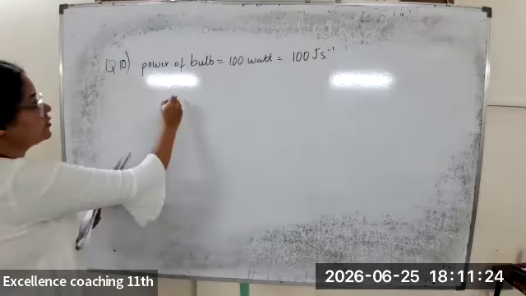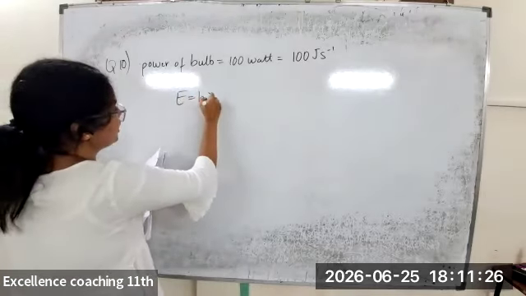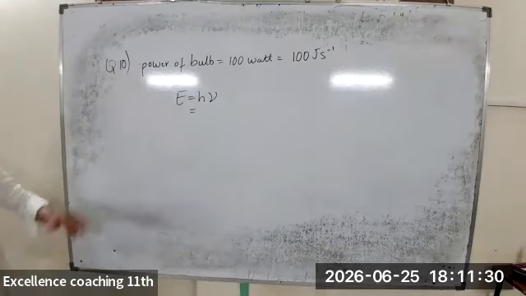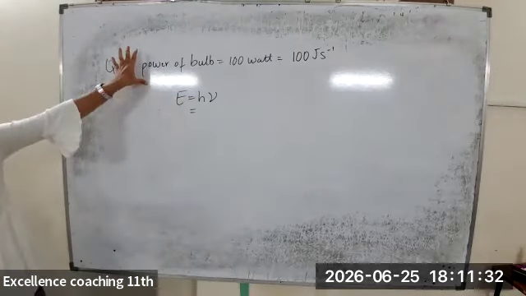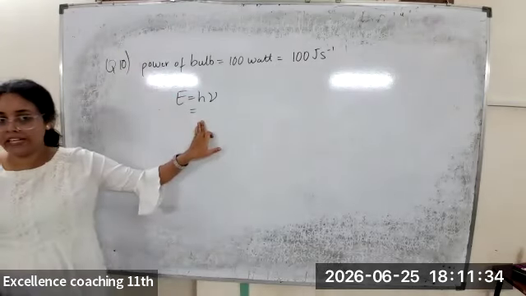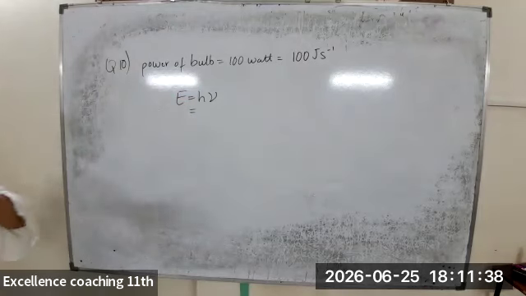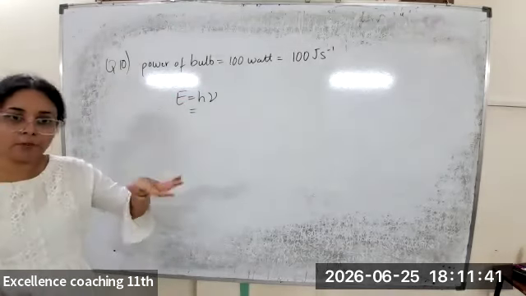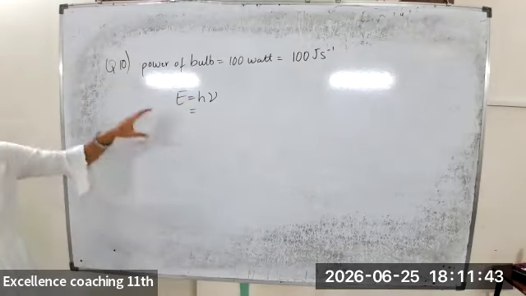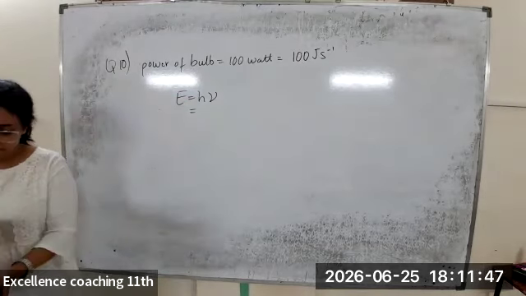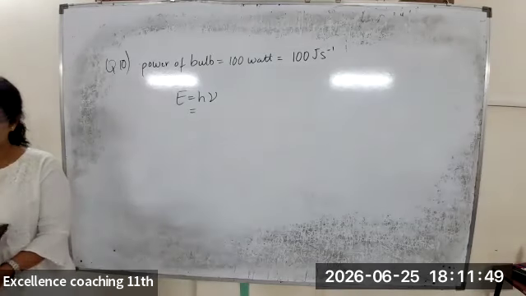For that, we will use this formula, E is equal to h nu, and we'll find out the energy. We are given the power and the wavelength, and we are told to calculate the number of photons emitted per second. So we will find the energy for one photon.